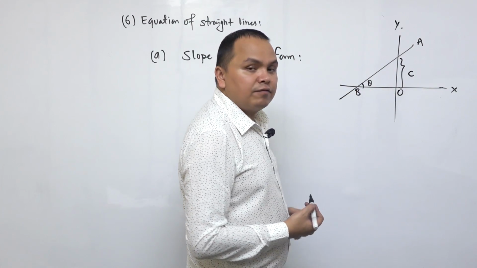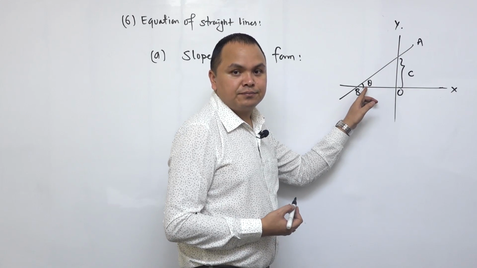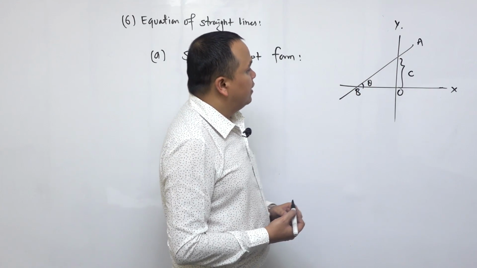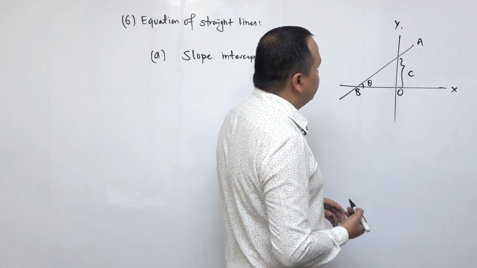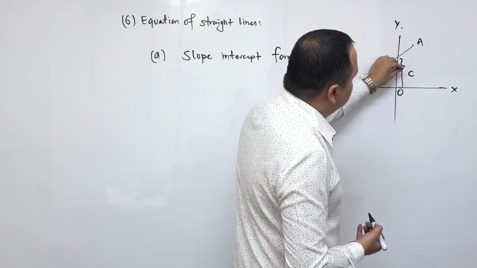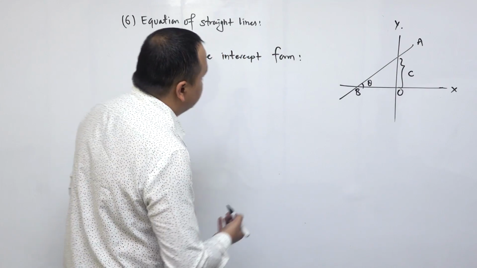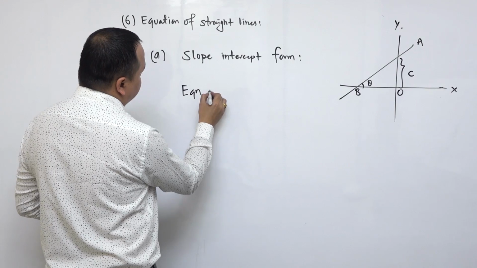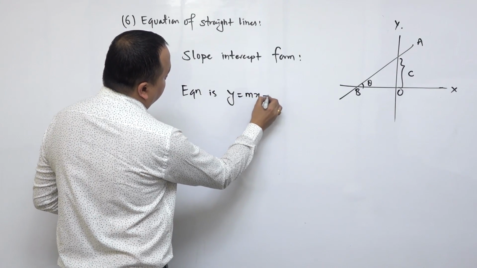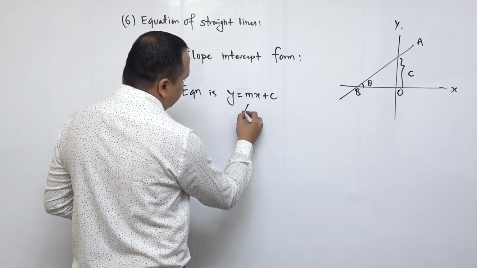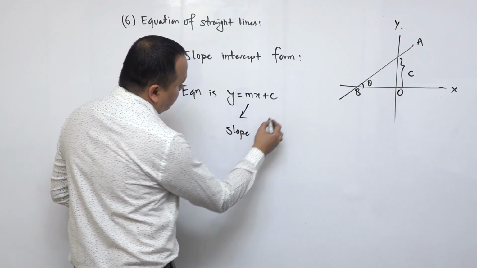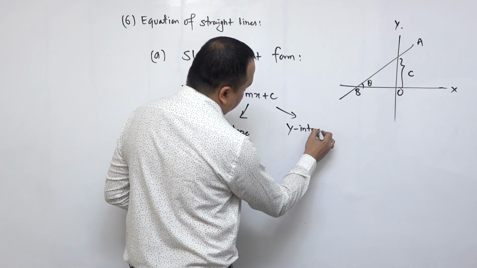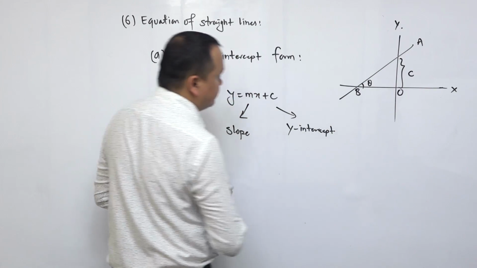So the slope of AB is tan theta. Tan theta gives the slope of AB, which is denoted by m. And AB makes y-intercept c. Then the equation is y is equal to mx plus c. Here m is slope and c is the y-intercept.